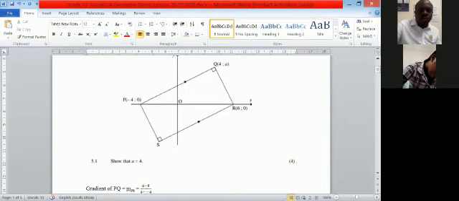The important thing is to do this with P and Q. The coordinates of P are (minus 4, 0). You close your bracket, and then we put our Q, which is (4, A).